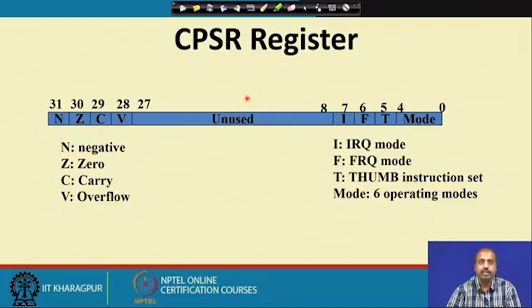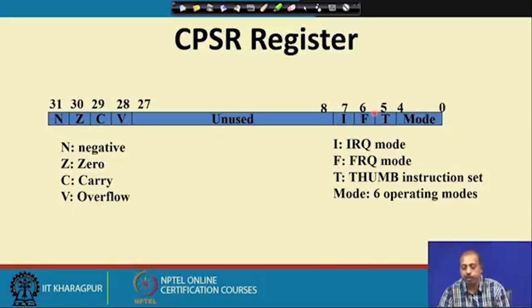Then the CPSR register has the 4 important bits N, Z, C and V, which are negative, zero, carry and overflow. These are the most significant bits of this 32-bit register. There are some more interesting bits. Bits 0 to 4 are reserved for the mode part. You have seen there are 6 modes, but this mode field has 5 bits in it, so that may be for future extension.